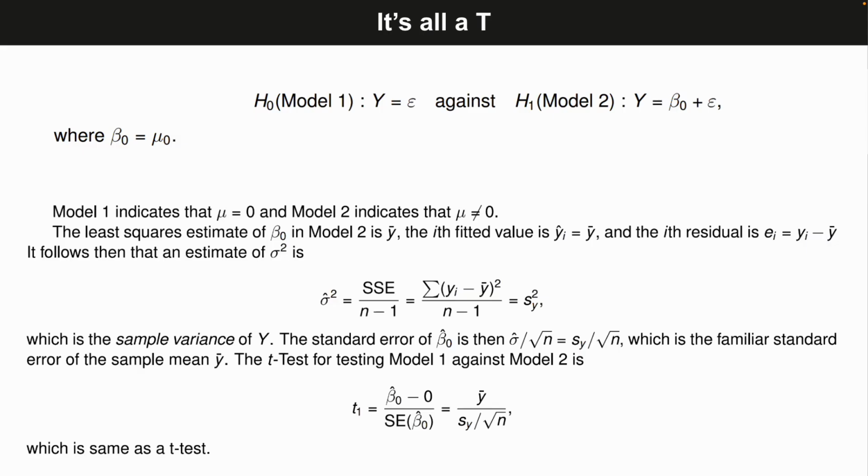So essentially this is what your linear model is trying to do. At each step, it is just running a t-test and asking whether you should choose this model versus this. This is the example for your null for your intercept. You could repeat the same example for your slope.